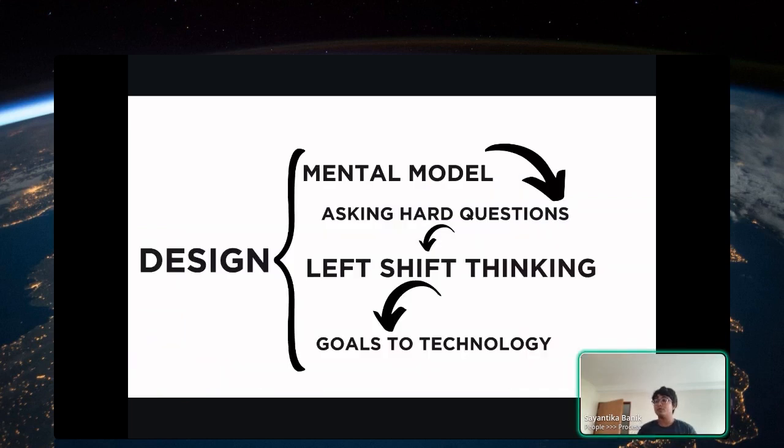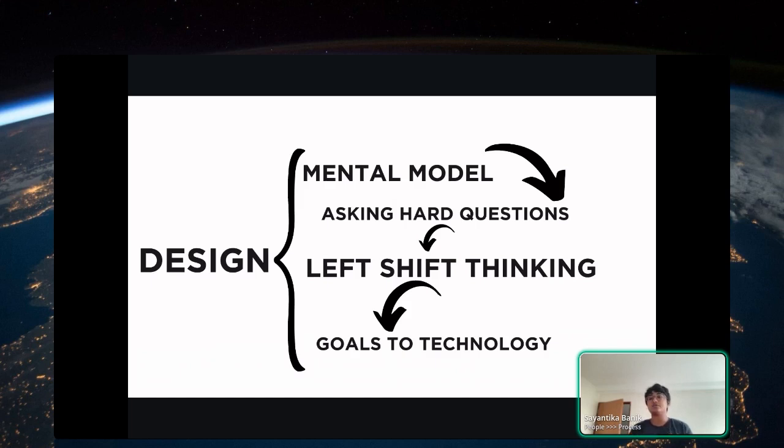Again, a bit more on this: we have talked about what a mental model is, but how does a mental model come into the picture? First, we have to ask those hard questions. Hard questions are essentially the ones which cause a lot of friction. They are not exactly the nice ones that give you credibility.